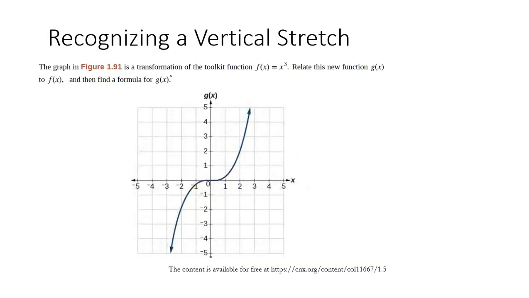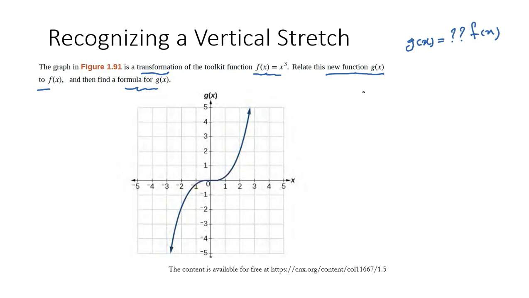The graph in the figure is a transformation of the function f of x is equal to x to the third. Relate this new function g of x to f of x. So g of x in terms of f of x, what is it? And find the new formula for g of x.